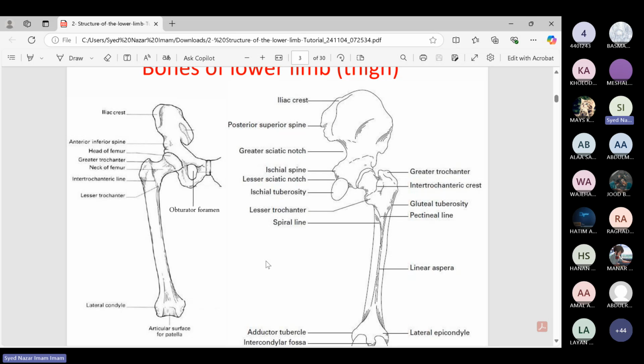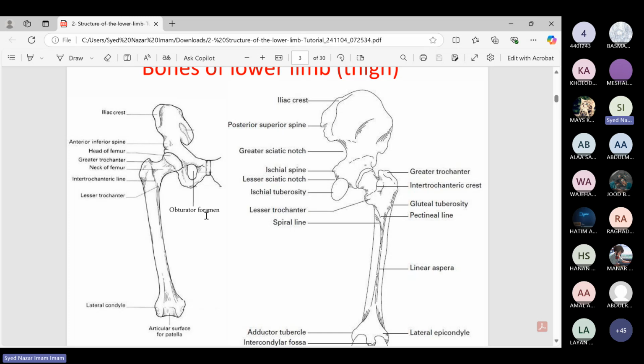As I told you, the major objective of this tutorial is to know about the muscles. So we have three different muscle groups in the thigh: the medial group, the anterior group, and the posterior group. So what do we have to know about that? We have to know about their origin, their insertion, their action, and the nerve supply. So I'm dividing this bone into three different parts, the medial part, the posterior part, and the anterior part, for the purpose of the origin of the three different muscle groups of the thigh.